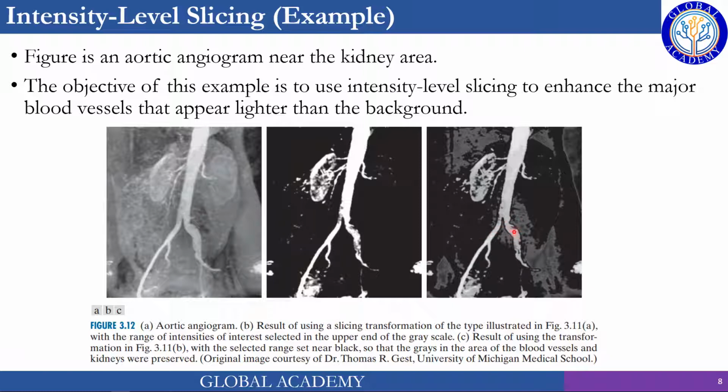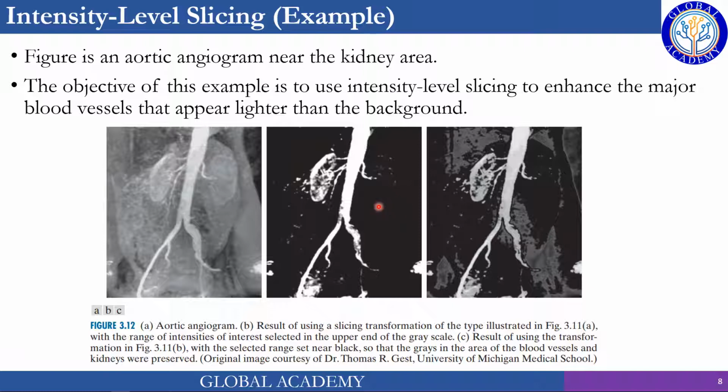And the image on the right side is sliced using the second method, where we slice a range of gray levels which is of interest, and then leave the remaining intensities unchanged. So these are the two ways to detect an object or to enhance an object.